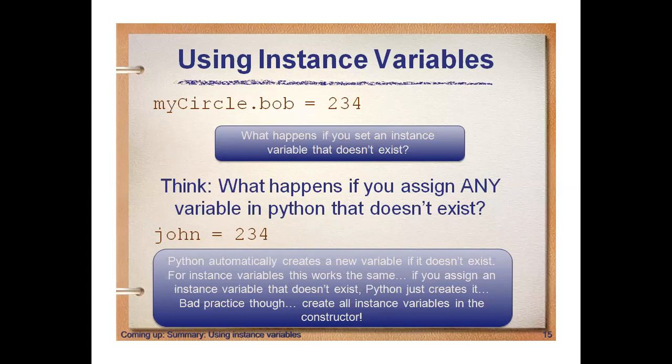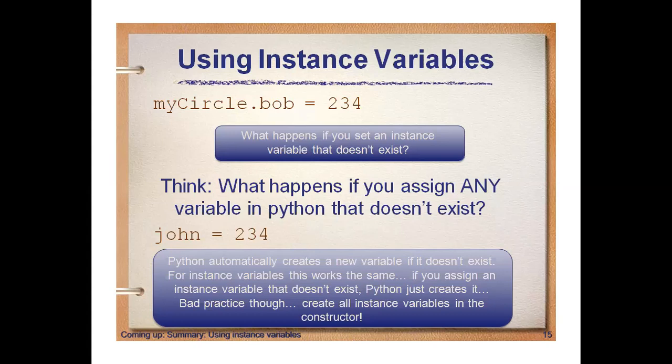Think: if you have bob equal to 34 and you have another parameter john equal to 234, what will happen? Think about what happens if you assign to any variable in Python that doesn't exist. Let's read the instructions carefully. Python automatically creates a new variable if it does not exist.